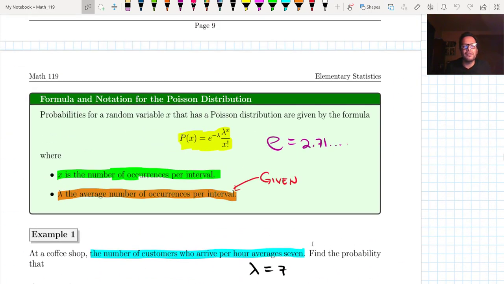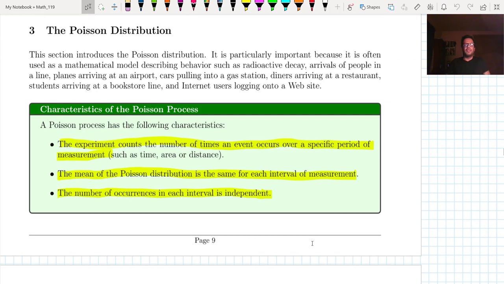Something worth mentioning and adding here is that there is no fixed number of trials.